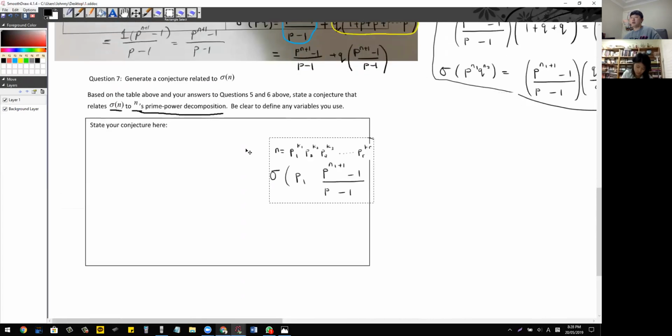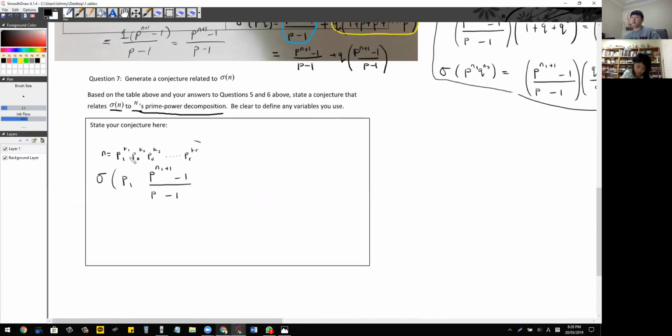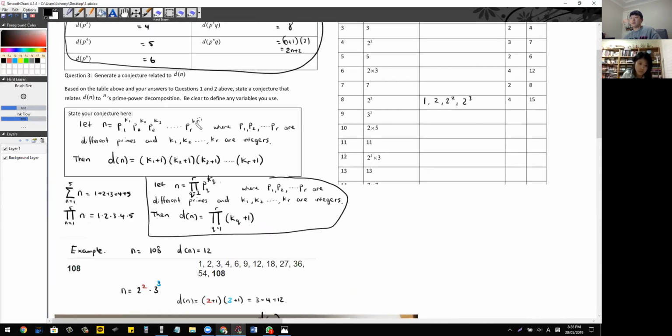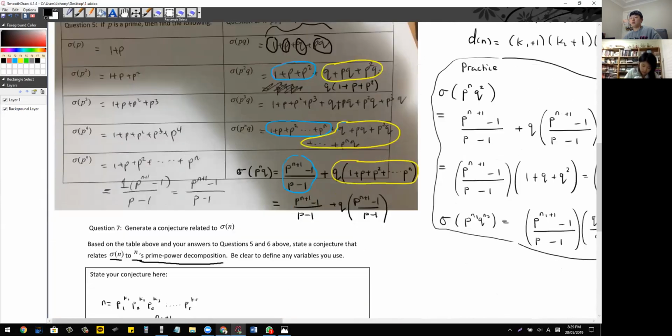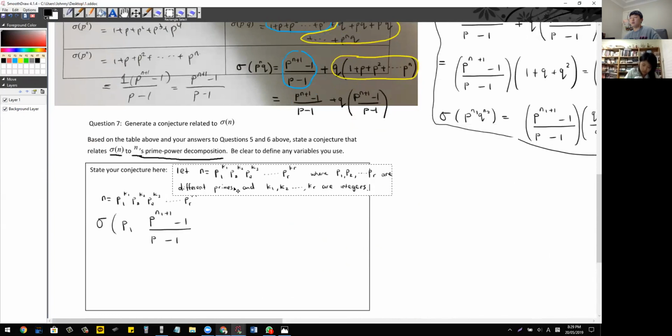So here goes my conjecture. Same as this one here, almost the same. Yeah. Do that first.